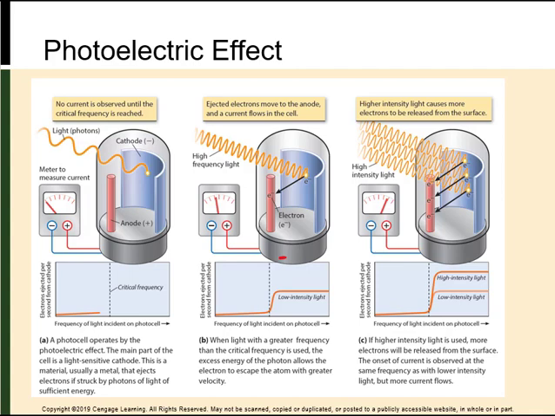So in the photoelectric effect, photons striking atoms on a metal surface will cause electrons to be ejected only if the photons have enough energy. The greater the number of photons that strike the surface at or above that threshold energy, the greater the number of electrons dislodged. The metal atoms will not lose electrons, however, if no individual photon has enough energy to dislodge an electron from the atom.